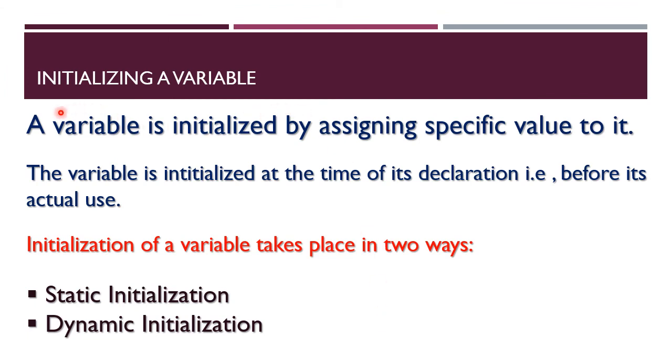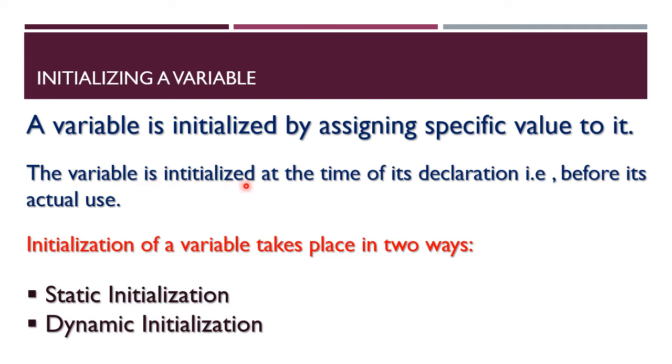Now the next concept is initializing a variable. In the last concept we have seen assigning a value to a variable, where we used the assignment symbol. A variable is initialized by assigning a specific value to it.